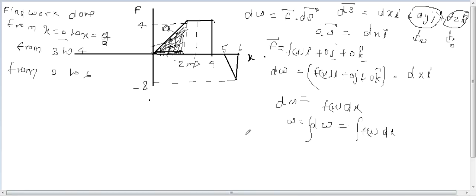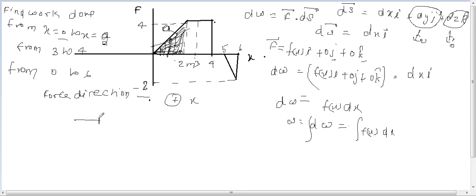Before finding the area we have to think about whether work done will be positive or negative. Now guys, what is the direction of force? The force is acting along the positive x-axis direction.